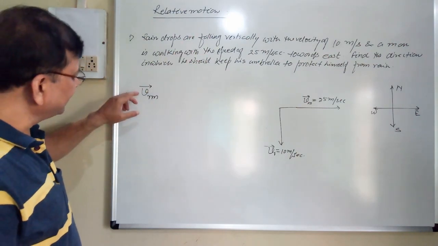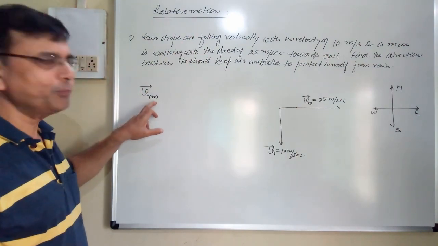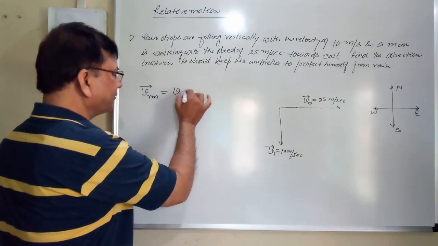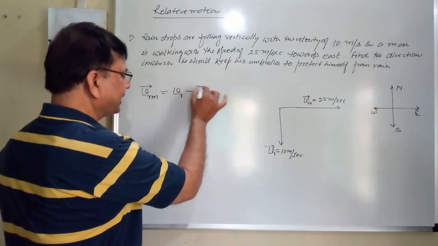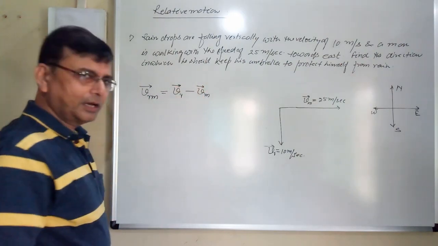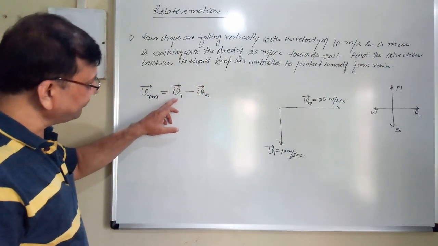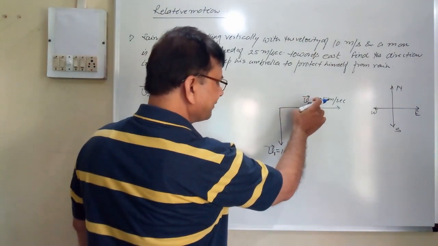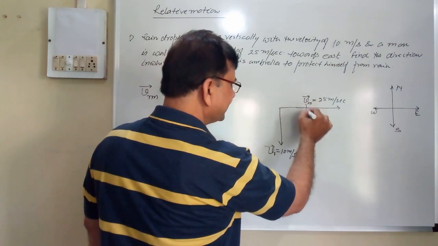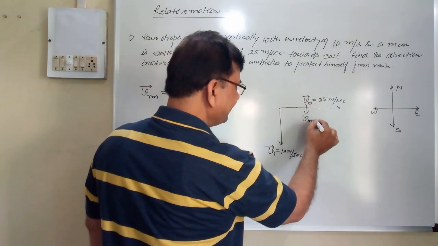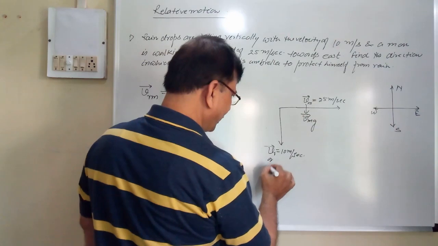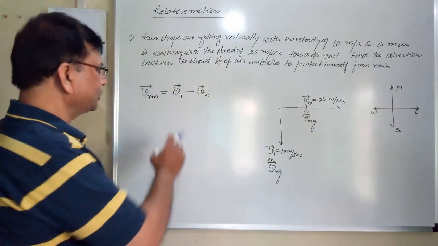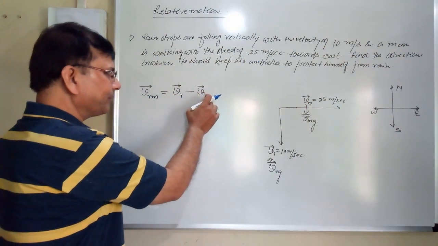In the same way, velocity of rain with respect to man is equal to velocity of rain minus velocity of man. Of course, this velocity of rain is with respect to ground only. Velocity of man with respect to ground can be written as Vm with respect to ground also, or Vr with respect to ground, meaning is same. So Vr minus Vm, right?